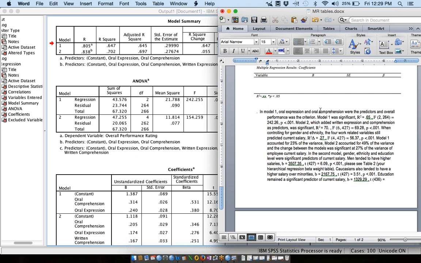R squared equals 0.70. F equals, well, the degrees of freedom are 4 and 262. And my F value is 154.26.